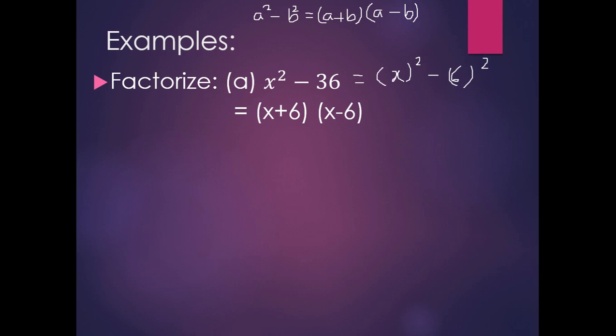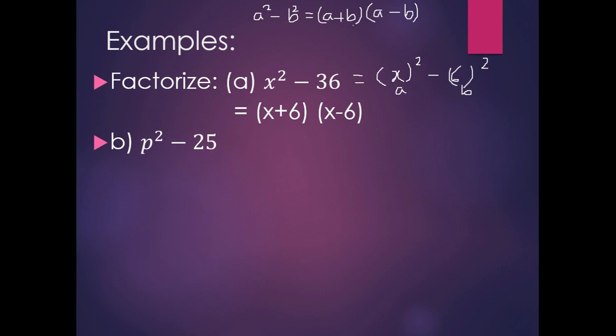In place of a we have x, and in place of b we have 6. So using this formula, replacing a by x and b by 6, we get the two factors of x square minus 36. In this way we can easily factorize x square minus 36.